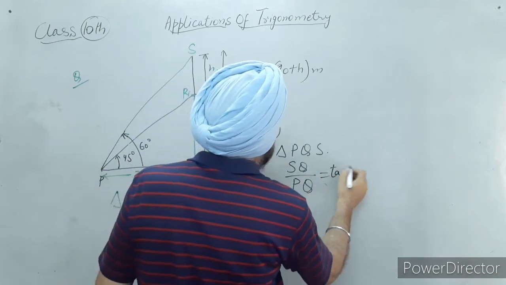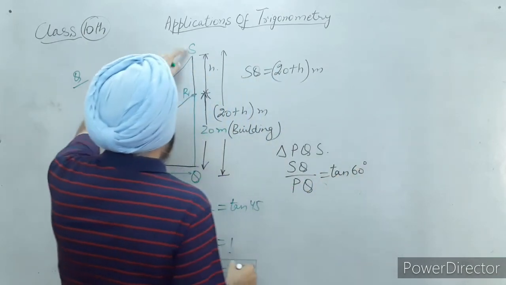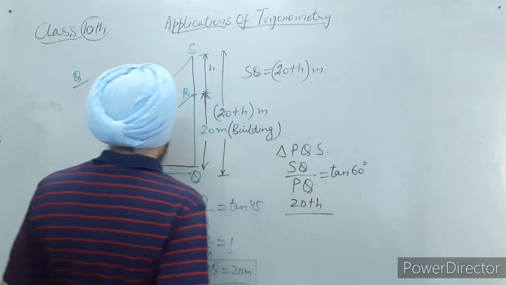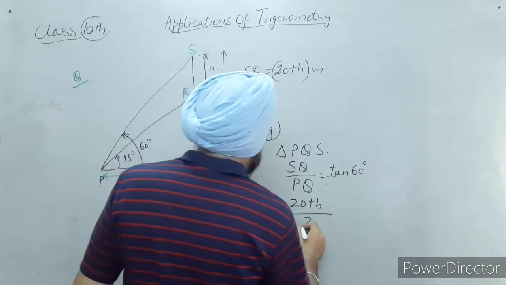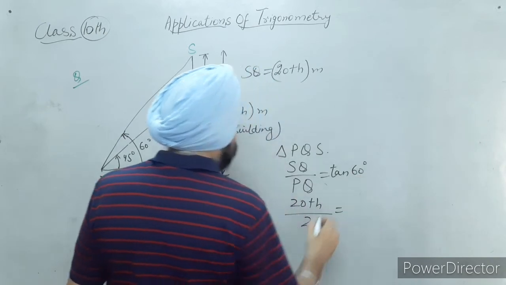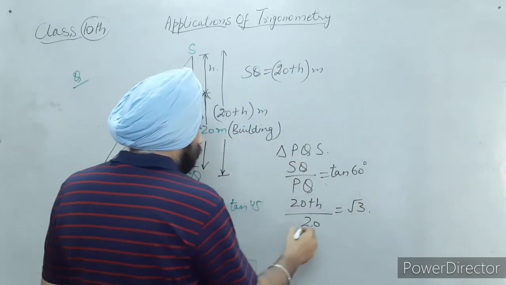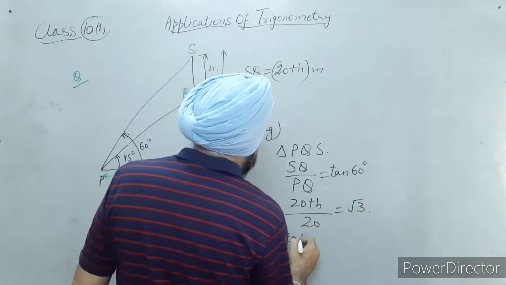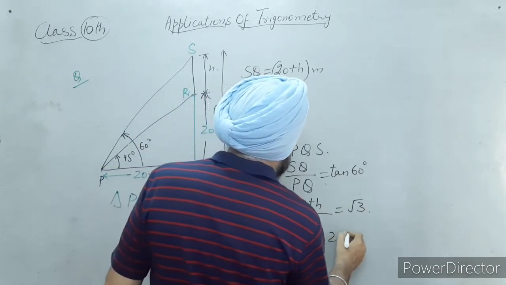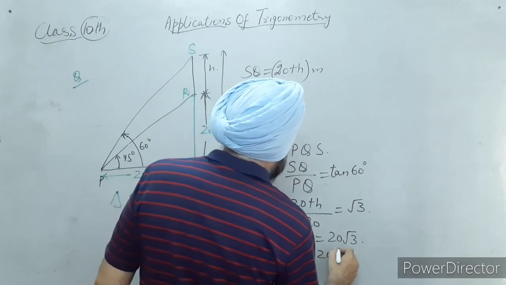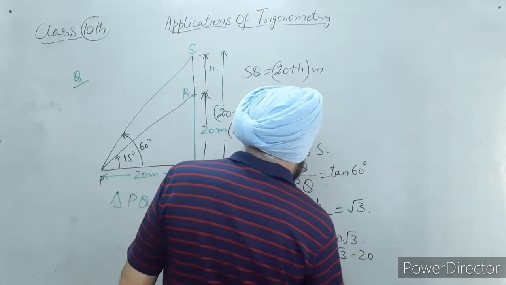Perpendicular upon base is tan of 60 degrees. SQ is how much? 20 plus H. PQ is how much? 20. Tan of 60 is root 3. Now cross multiply. 20 plus H is 20 root 3. H equals 20 root 3 minus 20.